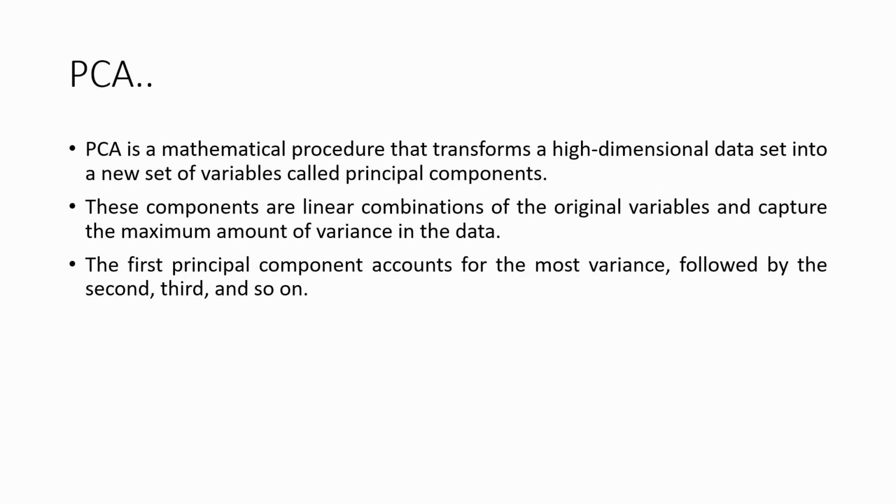Basically it's a mathematical procedure that transforms higher dimensional data into a new set of variables called principal components. These components are linear combinations of the original variables and capture the maximum amount of variance in the data. When we find these principal components, the first principal component accounts for the most variance.